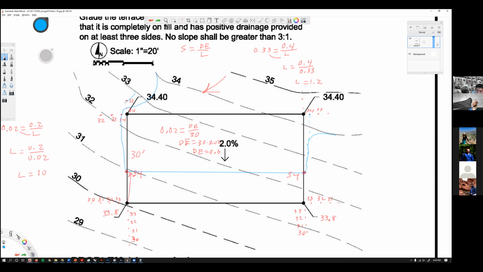Start that new contour, hit your 33, maintain that 3-foot distance between contours, and then come straight down and hit that other 33. And then you're going to come around the corner, do your straight line across, connect the dots. And here, I could have kept that straight.